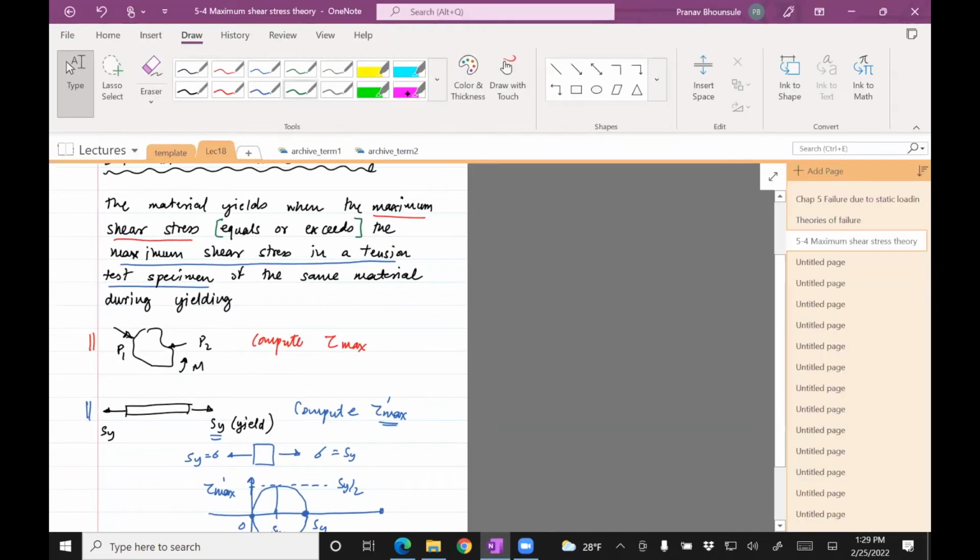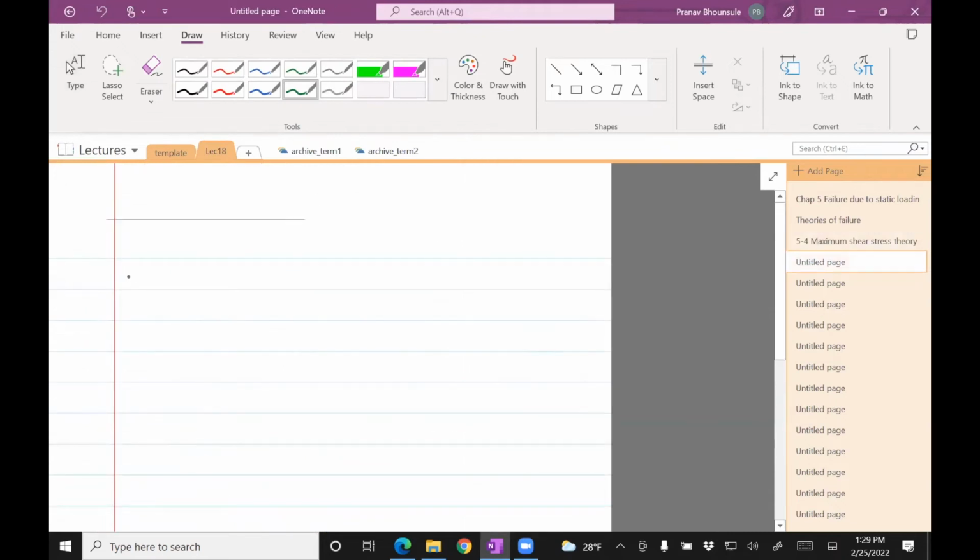That's the failure theory. The failure condition is when tau max exceeds tau prime max, which is Sy divided by 2.